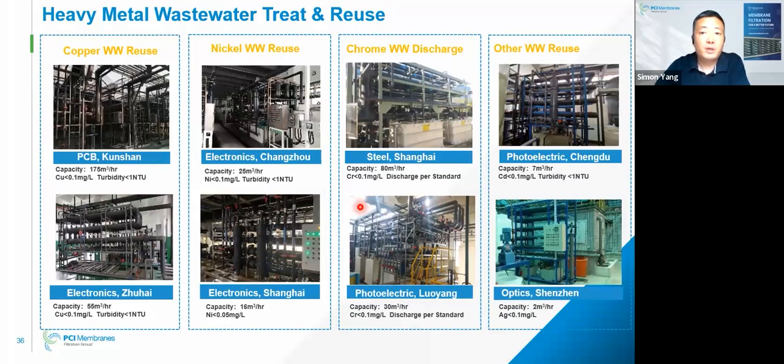This real system relates to different types of heavy metal wastewater treatment and reuse, where you'll find TMF handling copper, nickel, chrome, and other heavy metals wastewater from PCB, electronics, steelwork, photoelectric. The wastewater flow rate ranged from several cubic meters per hour to several hundred cubic meters per hour, and most of them are treatment and reuse systems.